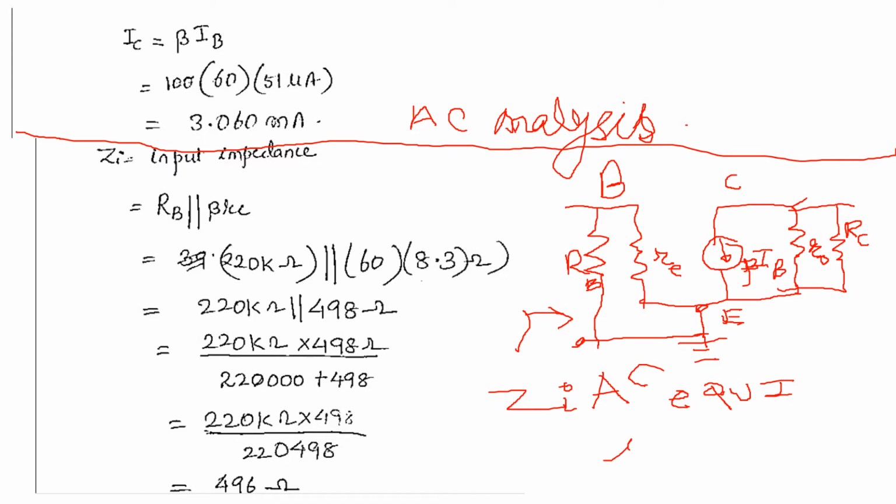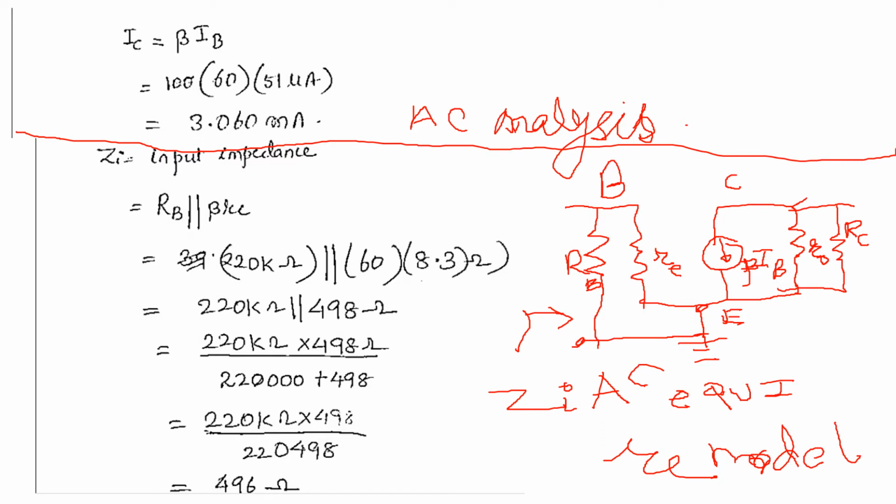Using the re model, the input resistance is nothing but RB parallel beta times re.